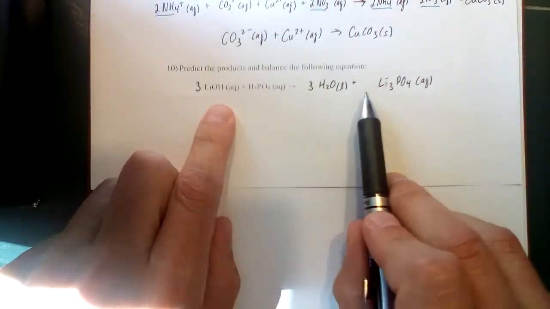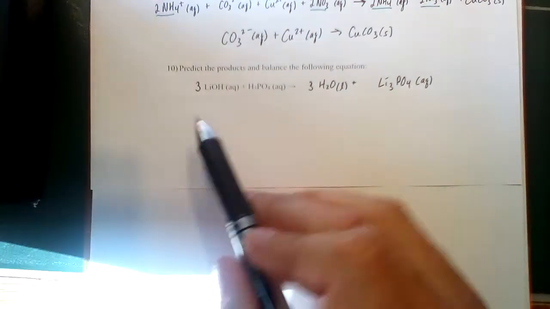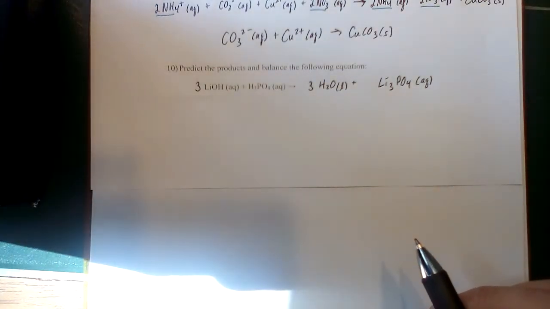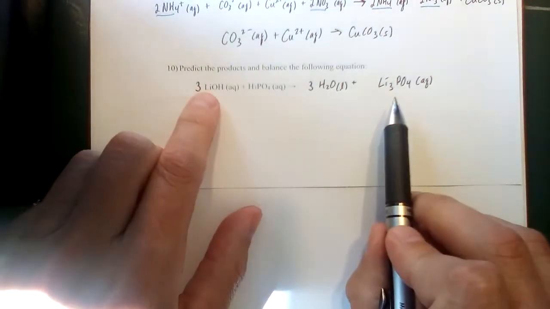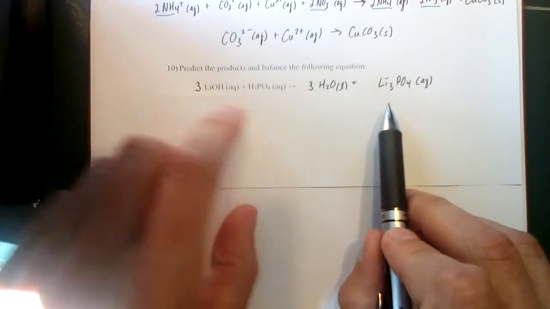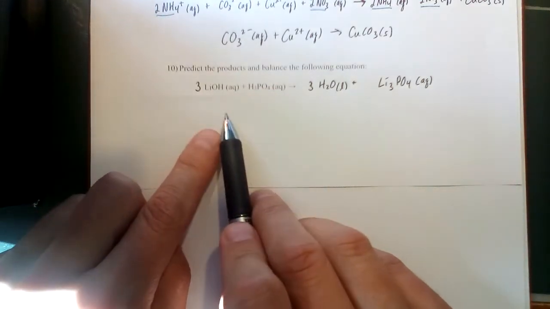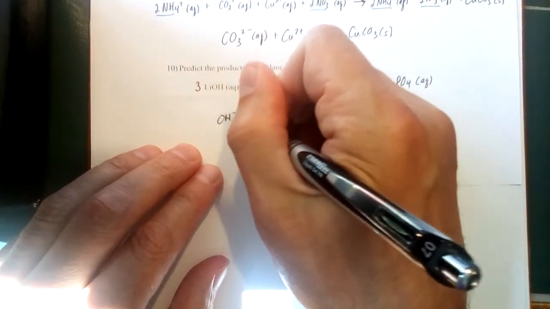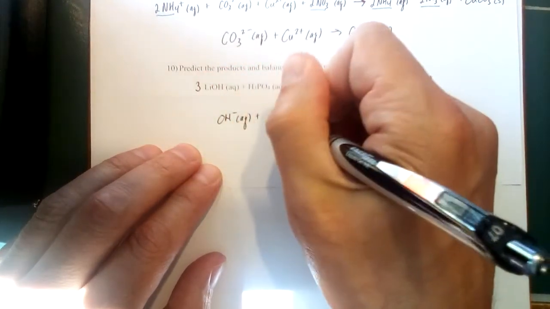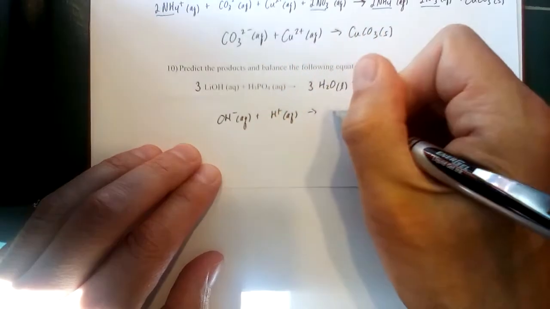Another thing you might think about here, we don't usually think about the total ionic equation for the acid reactions, but sometimes we do think about the net ionic equation. So really, lithium is soluble throughout this reaction, and phosphate is soluble throughout this reaction. The net ionic equation for an acid-base reaction is the hydroxide ion reacting with the H plus to form water.